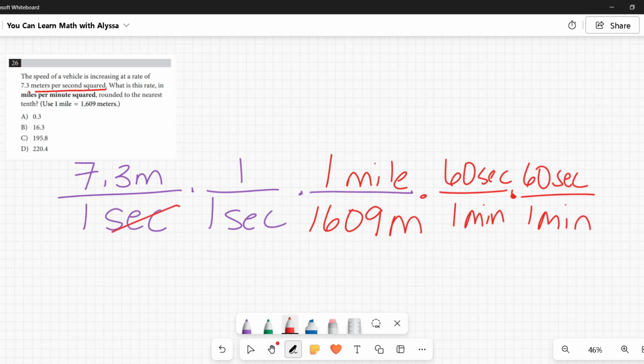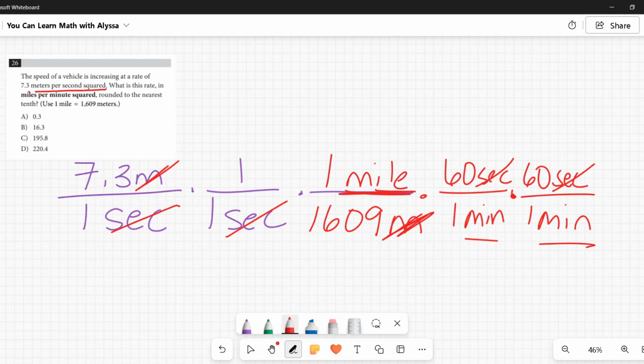So now second times a second is gone because it's second times a second up here. They've canceled out. The meter is gone because it's down here. And what am I left with? I have miles on top, miles per minute times minute, miles per minute squared.